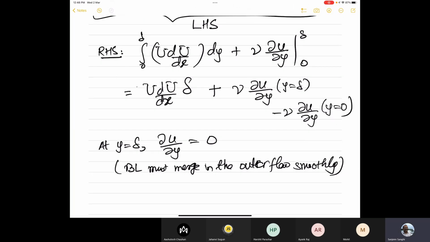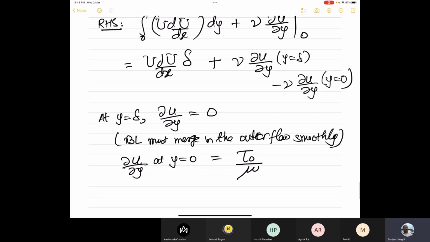And we'll use many more cases like this. And du by dy at y is equal to 0 is not 0. It is the shear stress at the wall divided by mu, because shear stress is equal to mu du by dy at y is equal to 0.